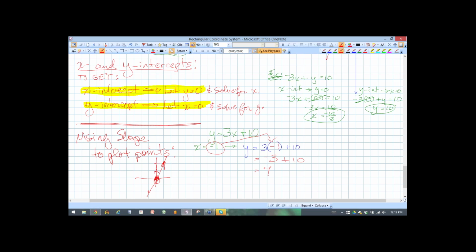If I go up 2 and run 1, that means rise over run. So watch the slope. We can think of it as rise or fall over run, which is left to right. Rise is up and down, and run is left to right.